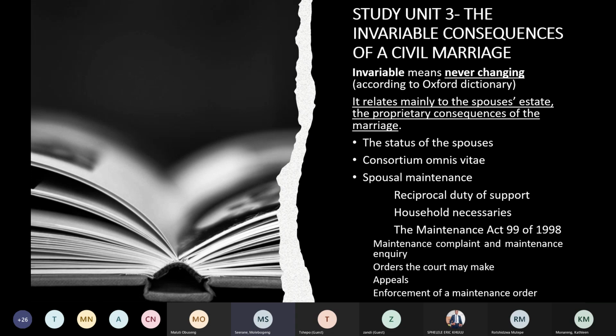But this does not affect the husband. The husband doesn't have the same options for the family name. He gets to use the family name. He is not affected by this invariable consequence of the family name.